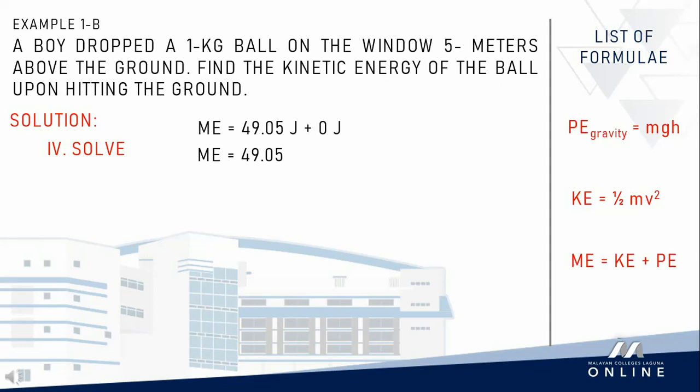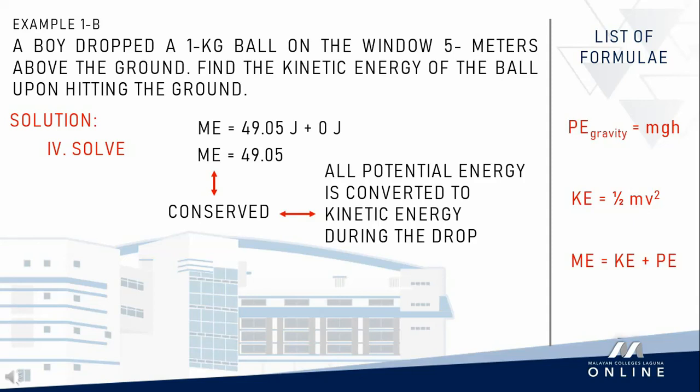Remember the principle of conservation of mechanical energy in last video? Here, the mechanical energy is conserved on any point of the drop. Therefore, since we are looking for the kinetic energy upon hitting the ground, which is the lowest point, we can imply that all the ball's potential energy is converted into kinetic energy upon hitting the ground.